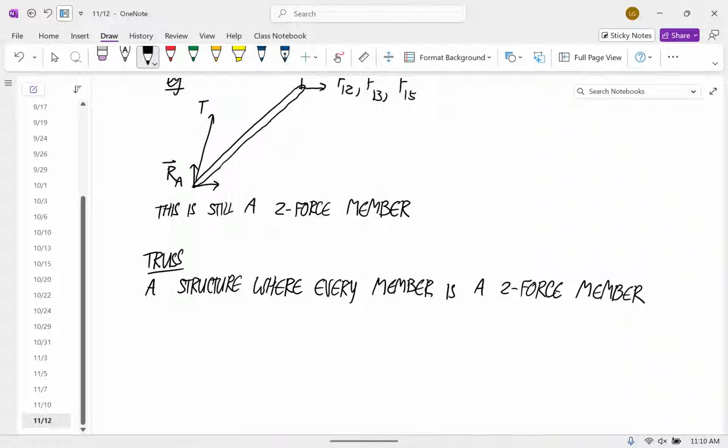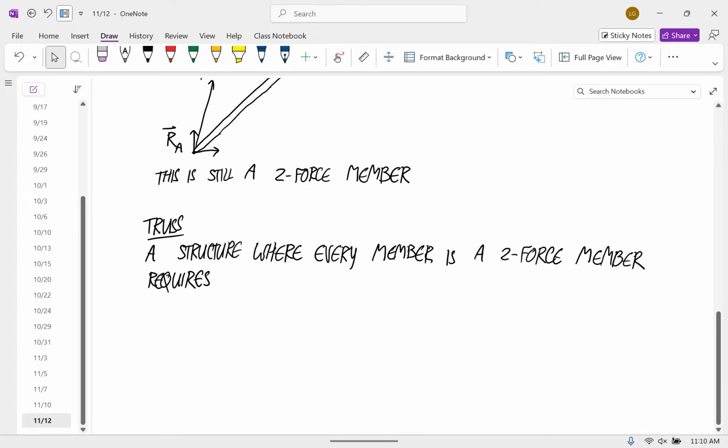So what this requires is, using the truss simplification saves you a lot of time when it does apply, but it doesn't apply to very many practical things. So the first requirement, and the biggest one, is you can't include the weights of any of the members.